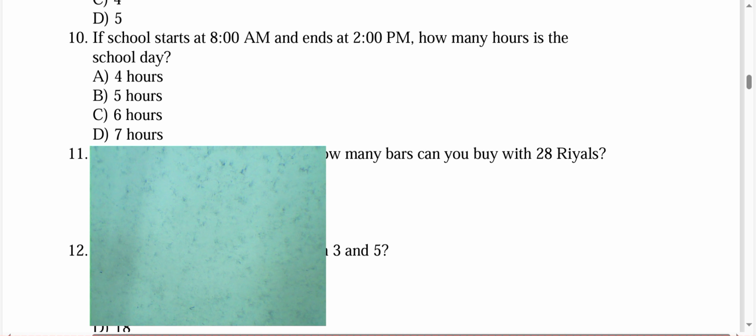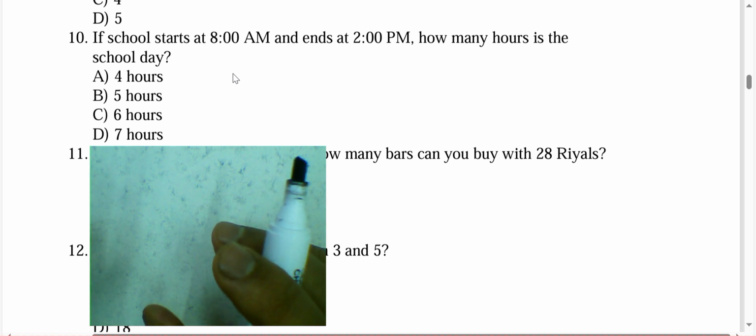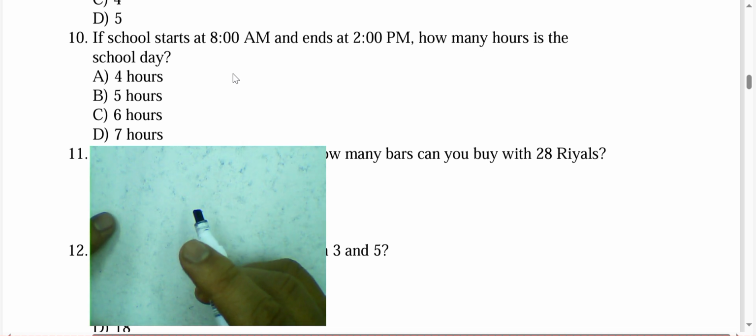Next question, number 10. If school starts at 8 a.m. and ends at 2 p.m., how many hours is a school day? We can find the difference between the end and the start.